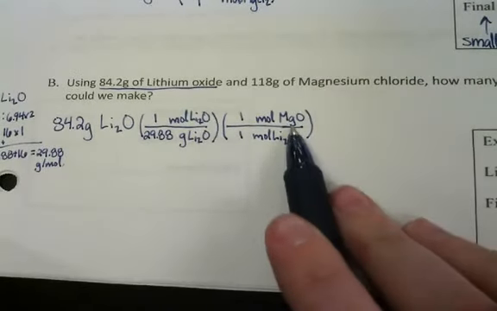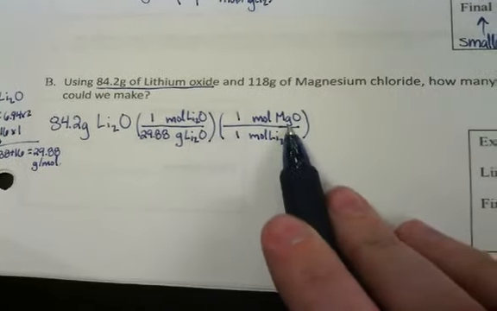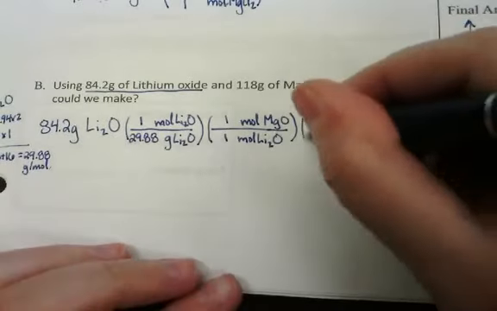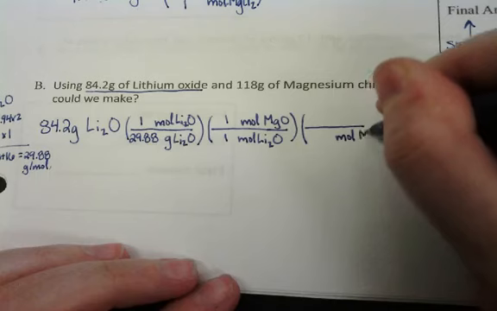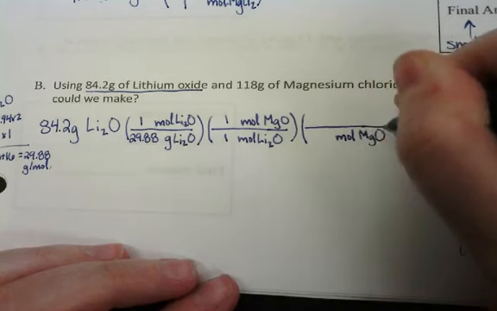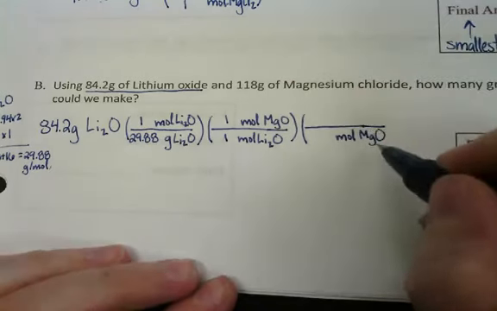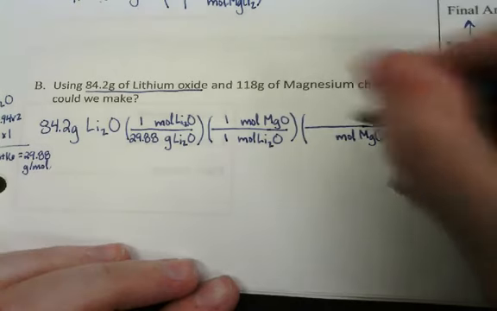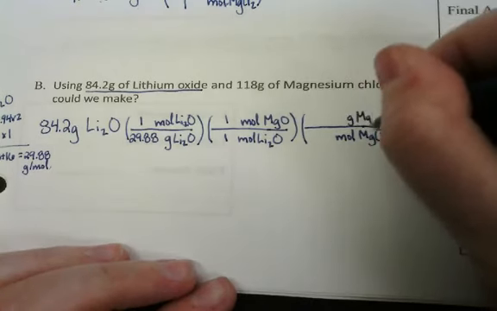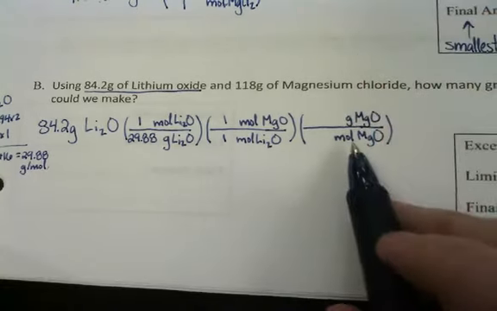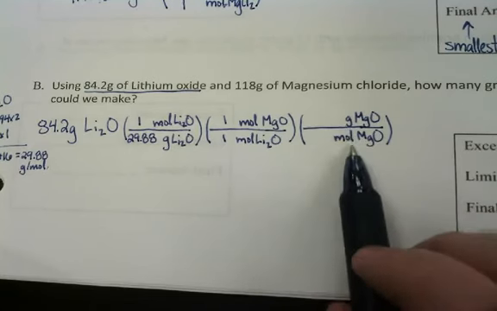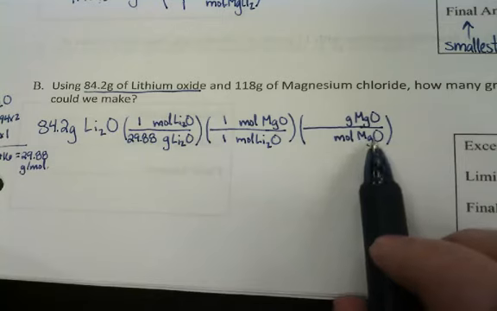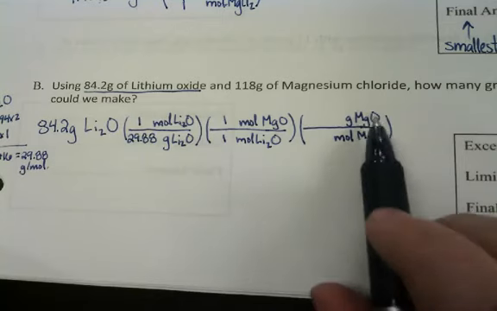So now we're in moles of magnesium oxide. We can now go from moles of magnesium oxide, because we're trying to get rid of it, so we put it on the bottom, to grams of magnesium oxide. We can do this because we're only changing one thing. We changed the unit, moles to grams, which means our compound stays the same. We keep it as magnesium oxide.